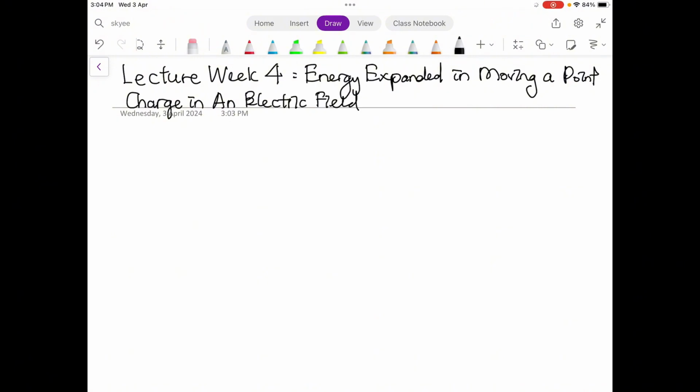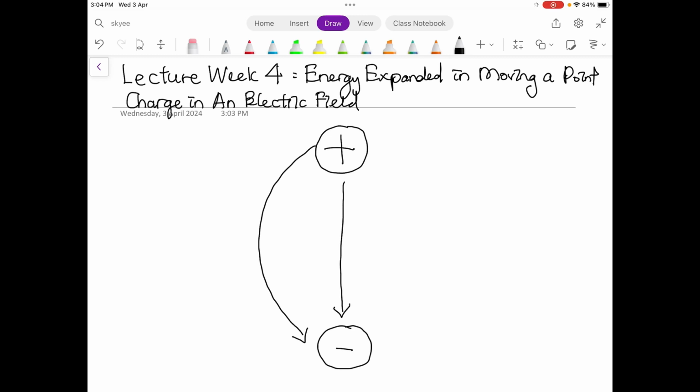Alright, so let's look at these situations. If you have a positive charge here and a negative charge here, you know that the electric field surrounding the positive charge will terminate at the negative charge, because the electric field for the positive is outward, and for the negative charge it is inward.